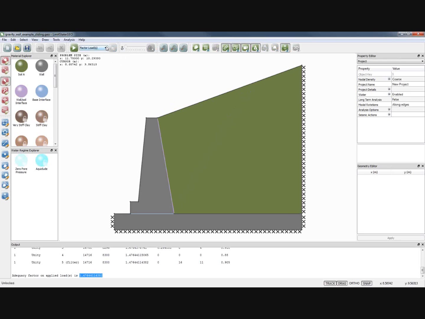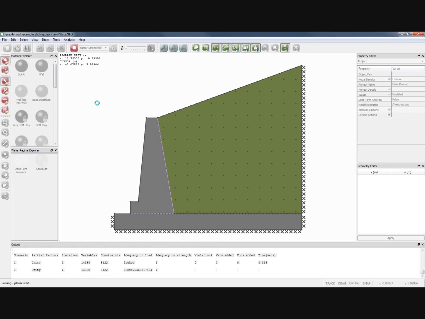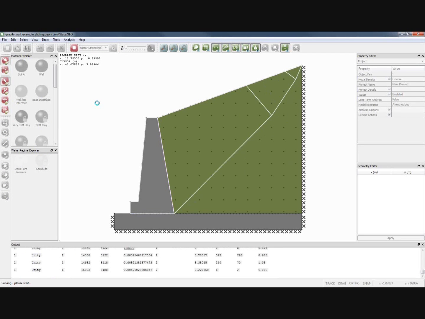I can switch to factor strength mode. That takes slightly longer as it has to iterate to a solution, but that will find the factor on strength required to cause collapse. That will tell us what our margin of safety is in that case. So it should get there fairly soon.